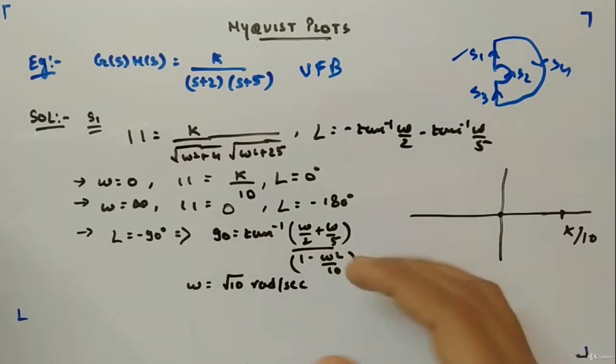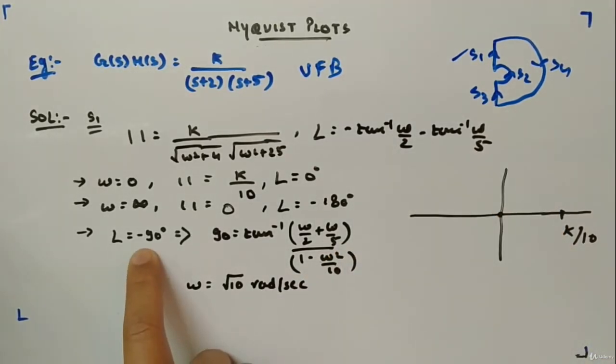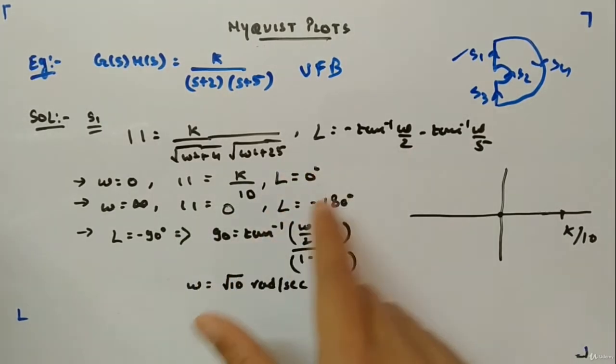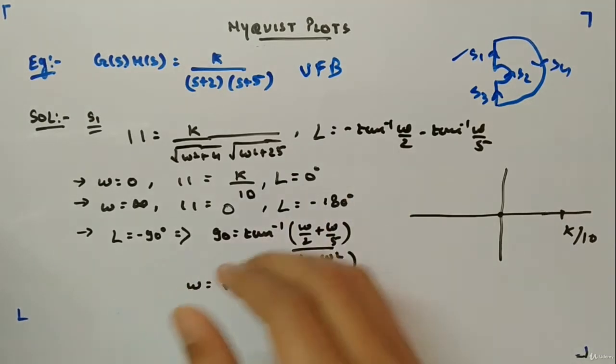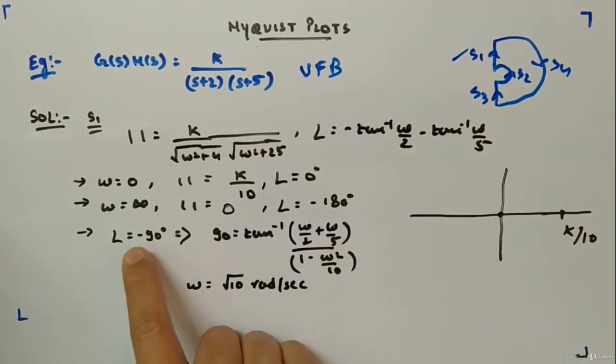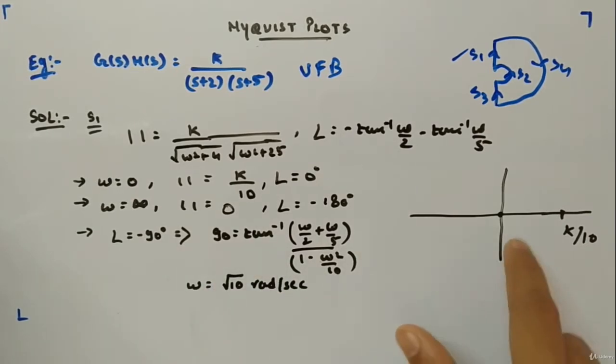So I just checked blindly for the angle −90 degrees, whether there is a value of ω for which the angle is −90 degrees or not. That's what I was checking. Randomly I took −90, which is this line, to see whether the plot cuts this line or not.